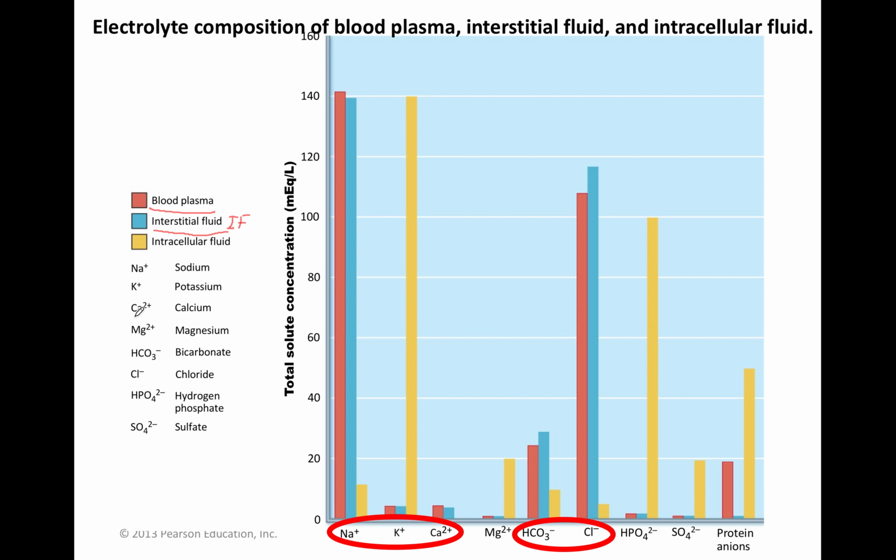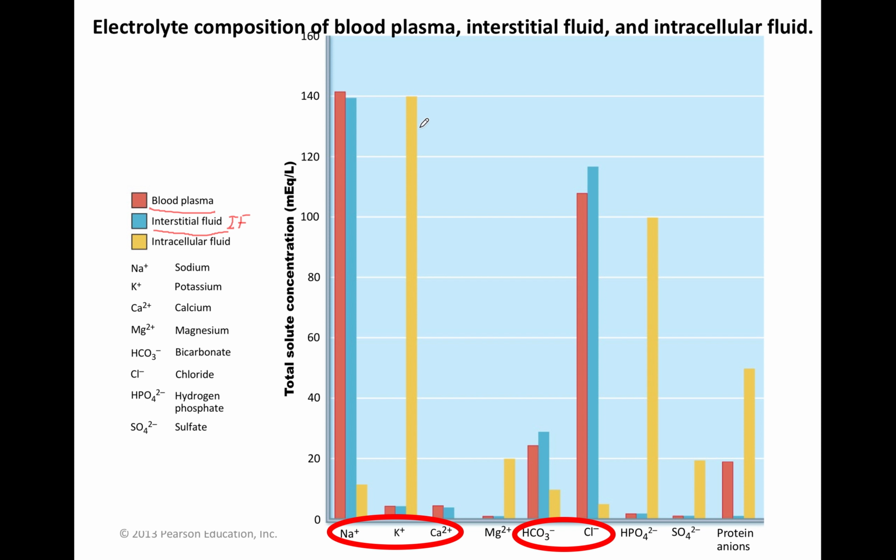So starting with sodium, we know that sodium is going to be high inside our extracellular fluid or your blood plasma, which is the red and blue, and it's going to be low inside the cell. Potassium, however, is going to be opposite, where we have low concentration of potassium outside the cell and really high concentration of potassium, which is the yellow bar, inside the cell.